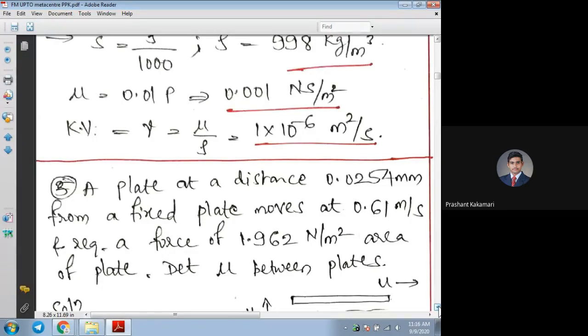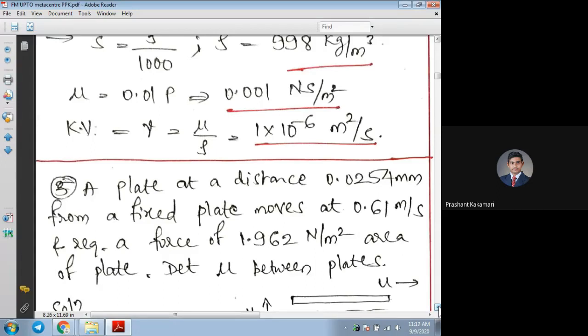A plate at a distance 0.0254 mm from a fixed plate moves at 0.61 meters per second and requires a force of 1.962 Newton per meter square area of the plate. Determine the dynamic viscosity between the plates.